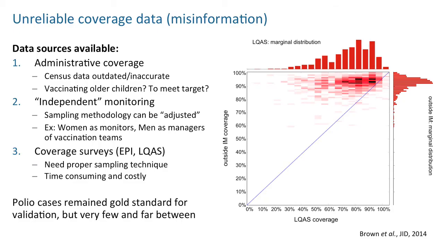So in 2000, they introduced this technique called lot quality assurance sampling, which is essentially a small coverage survey of 6 clusters of 10 children. Very strict sampling methodology. And they compared it to what the results were from their previously used independent monitoring methodology.